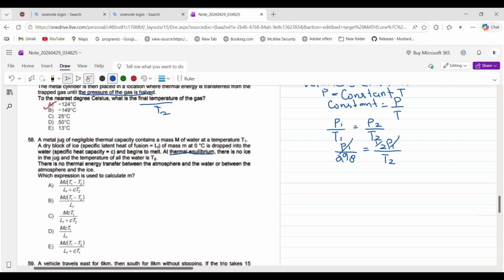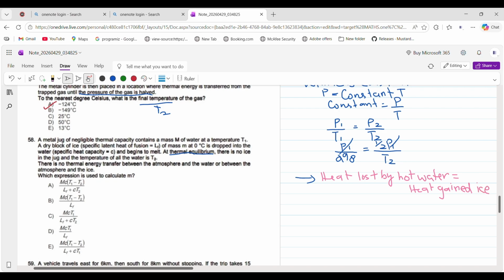Heat lost by hot water would be the same as heat gained by ice, right? So this is what thermal equilibrium is.